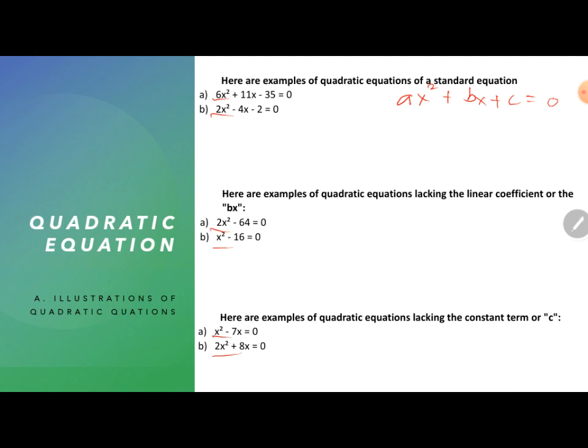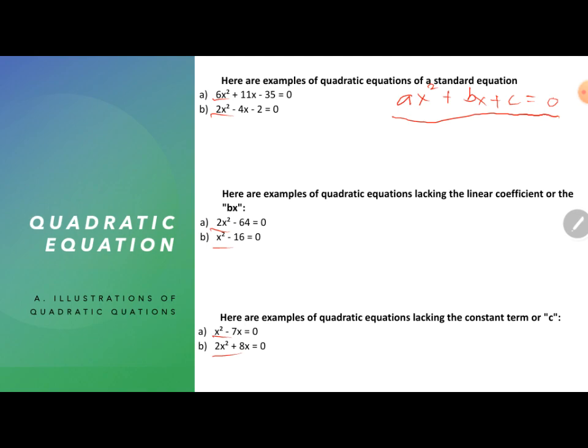For now, we're going to write a equals 6, b equals 11, and c equals 35, right? Now, remember that signs may differ given each equation, given the problem. So this is just our basis for our standard equation.